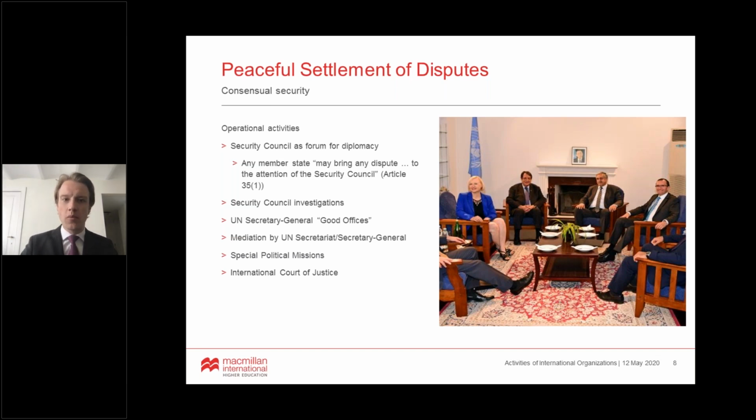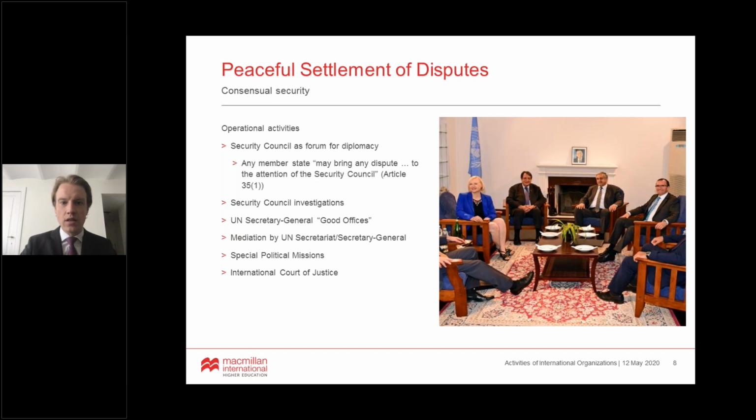It can launch an investigation itself. Now, the Security Council has done this quite a bit in the past. It still calls for all sorts of investigations, but these days it doesn't very often do these type of investigations itself anymore. It rather relies on the UN Secretary General or the people working for the UN Secretary General.